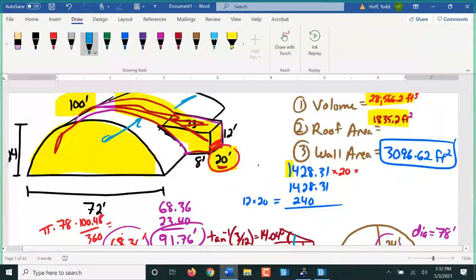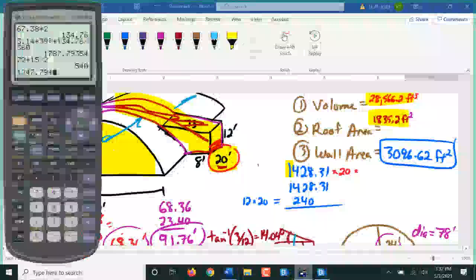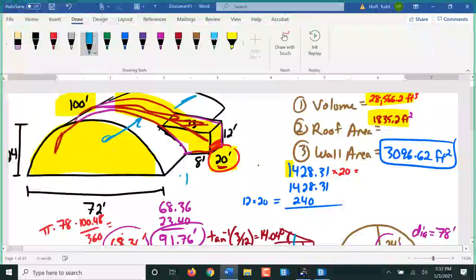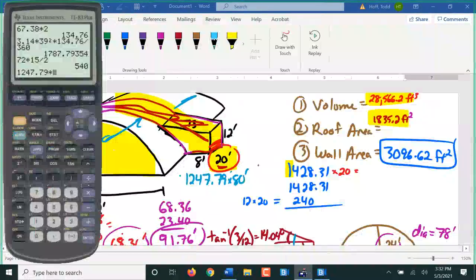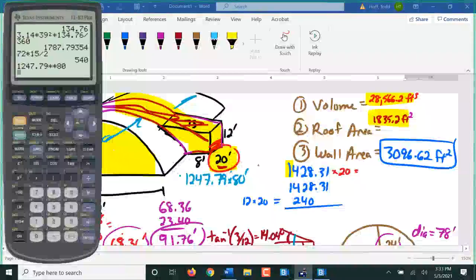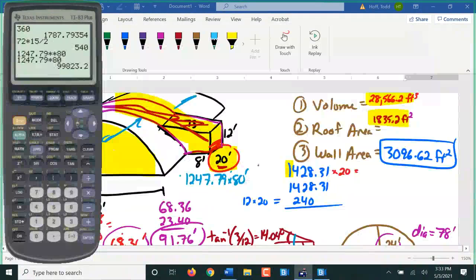So we take that times 80, 1247.79 times 80 feet. Gives us 99,823.2.